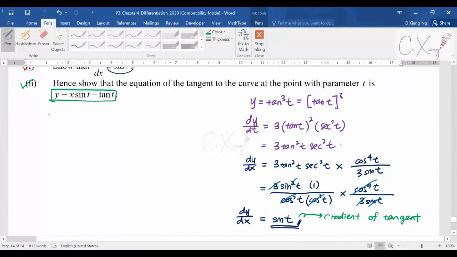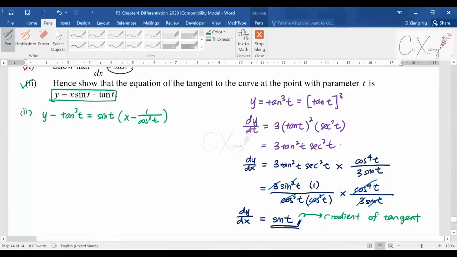The formula is y minus y1, so your y1 is tangent power 3t, equals m, where m is the gradient sine t here, times x minus x1, so the x1 is 1 over cos power 3t.